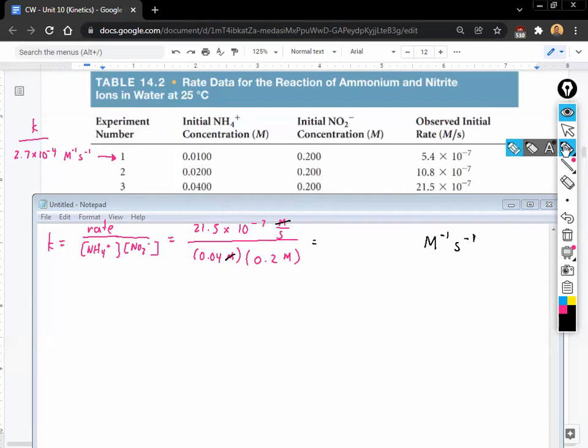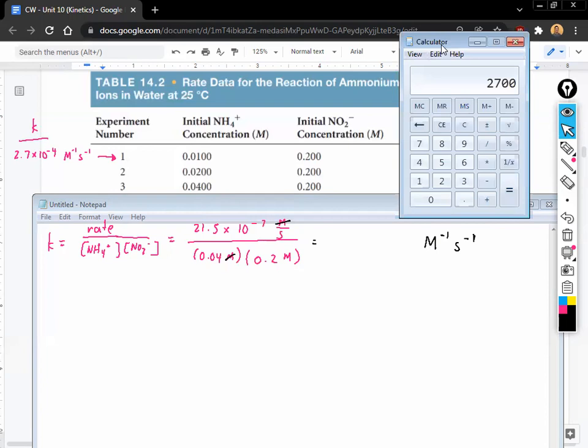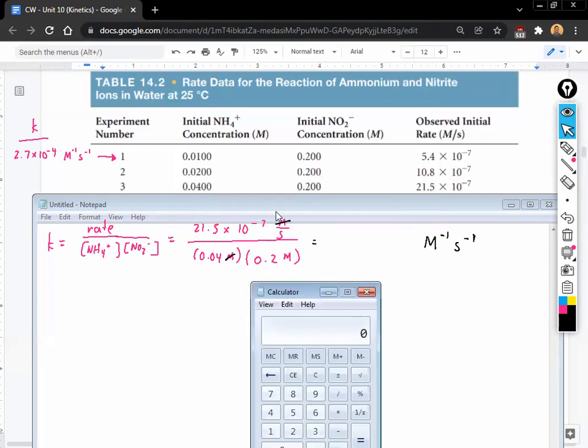So now we just need to do the calculations for the numbers. For the bottom of the fraction, we're going to do 0.04 times 0.2, which is going to be 0.008. And so what we have to do is just 21.5 divided by 0.008. That's going to give us 2687.5 times 10 to the negative 7.